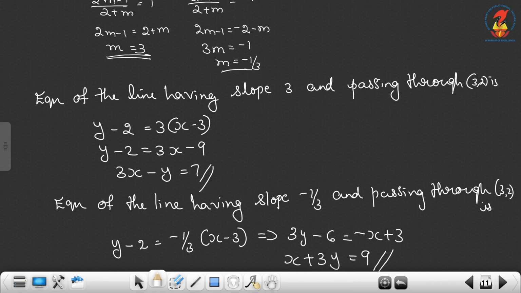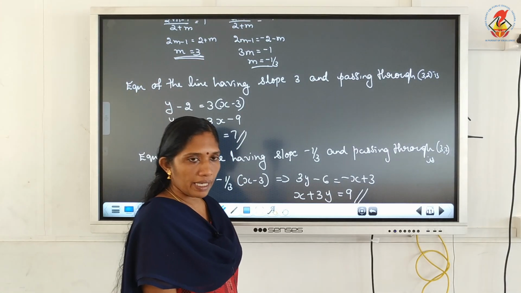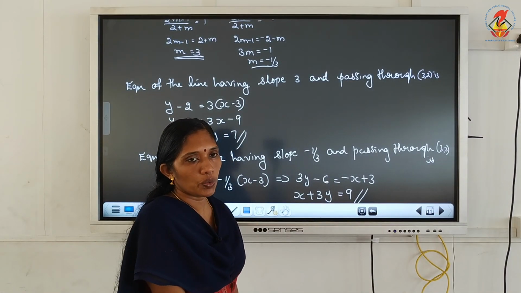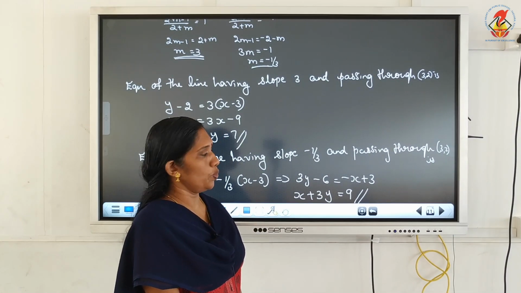So there are two lines making an angle of 45 degrees with the given line and passing through the point (3, 2).